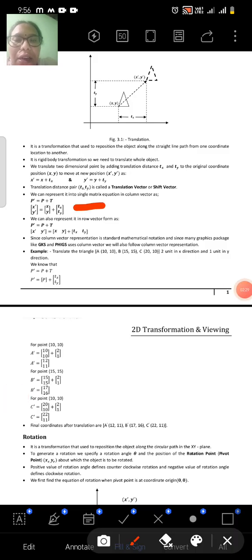So x dash y dash equal to x y plus tx ty. We can use this kind of matrix equation in our problem solving. Above, we mentioned the two formulas, and we can apply these to our problems.